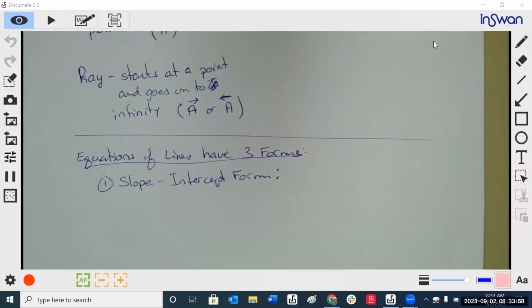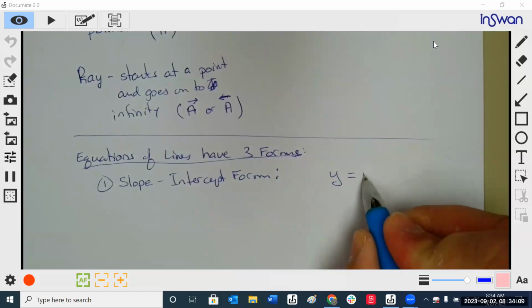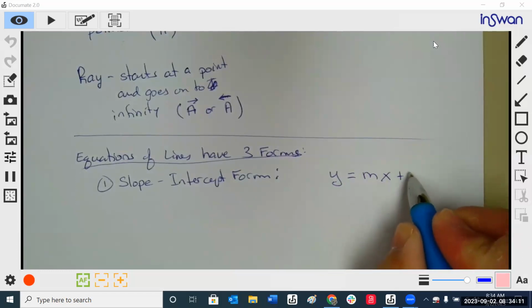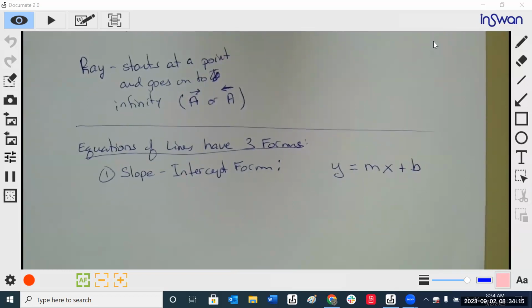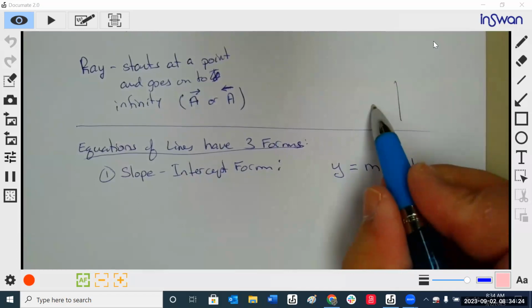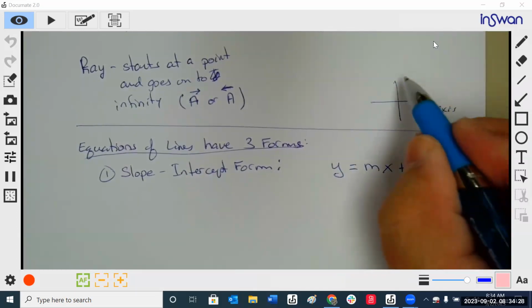This is the one you're used to seeing. Y equals mx plus b. Because remember, our graph has two axes, an x-axis and a y-axis.